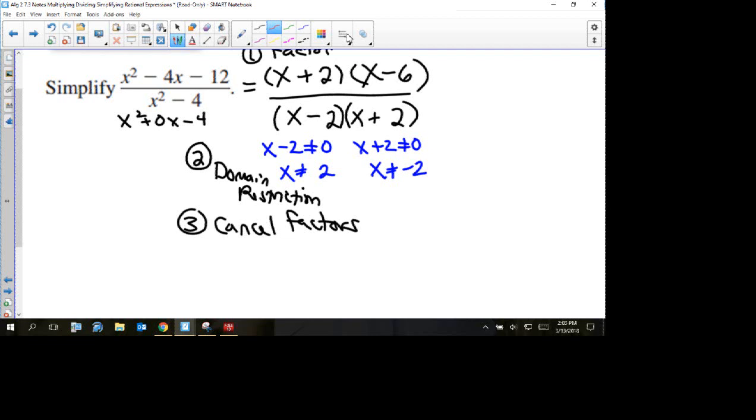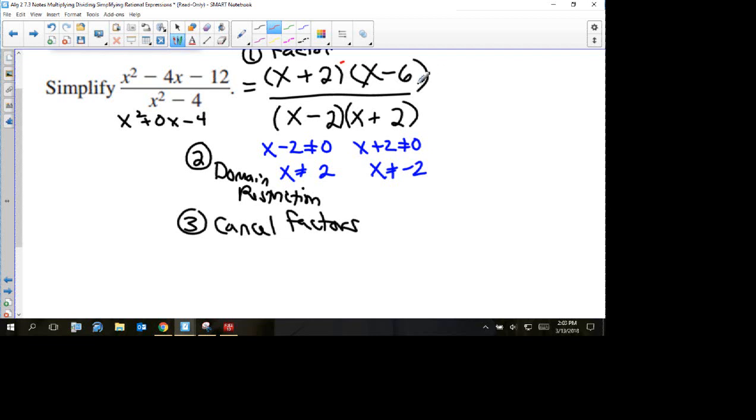Which one? No, it has to be exactly the same. We cancel it. The factor is in a parenthesis. So what factor on top is the same as one factor on the bottom?